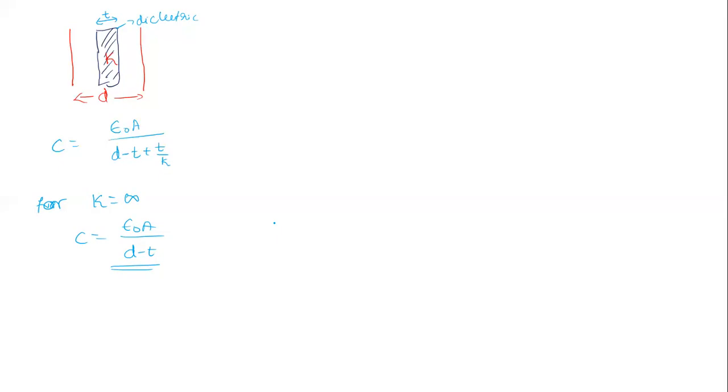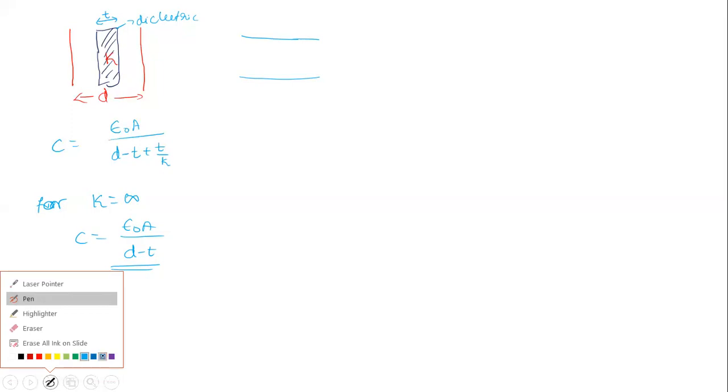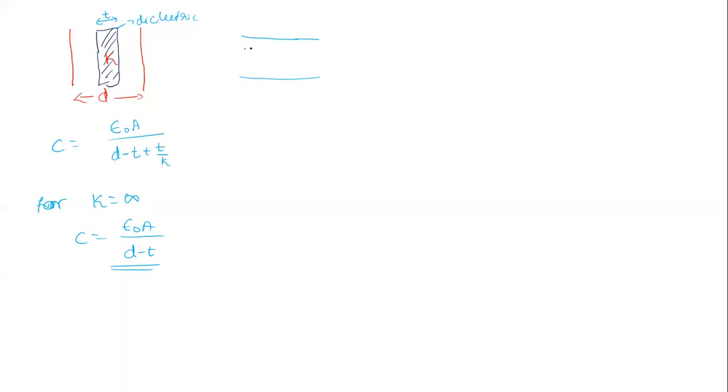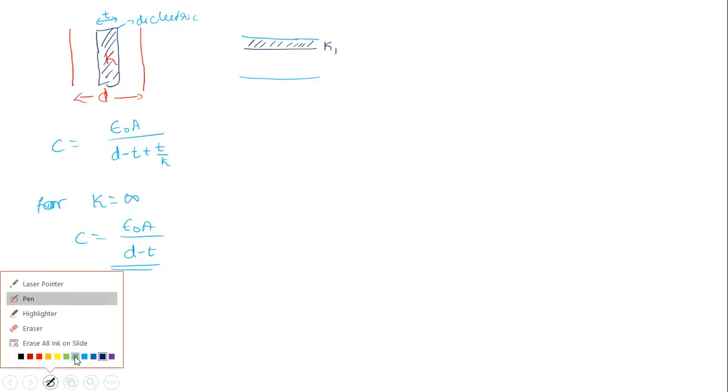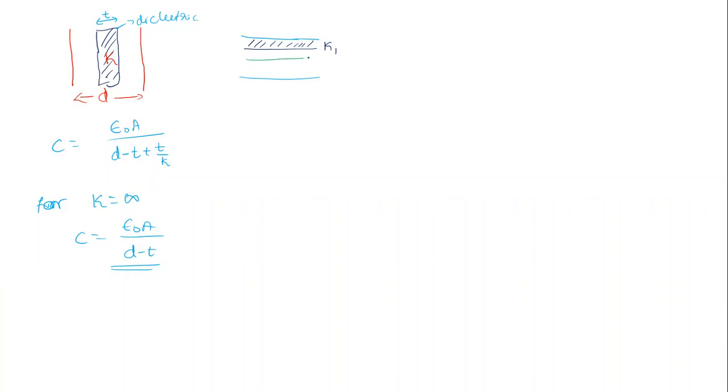I'll take a capacitor like this, and I'll fill it horizontally with materials of different dielectric constants. This first portion is filled with dielectric constant K1. The second portion is filled with another dielectric material, with dielectric constant K2.